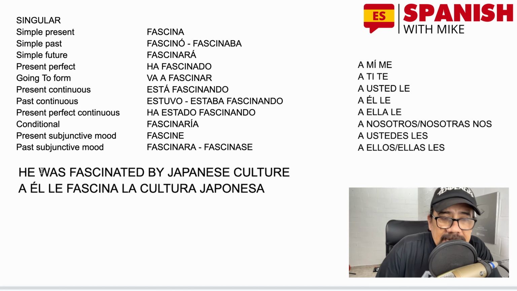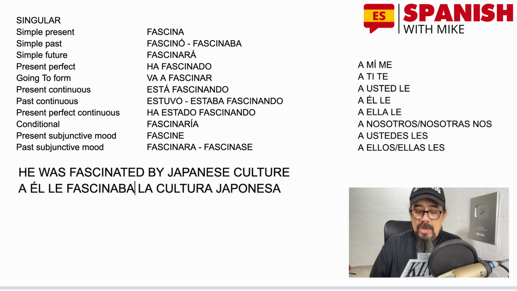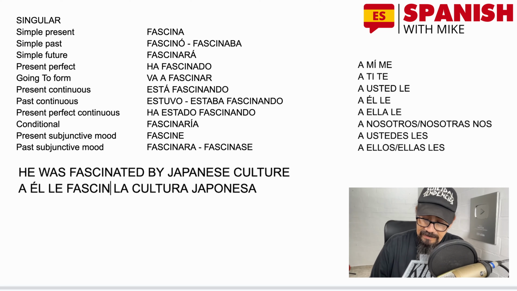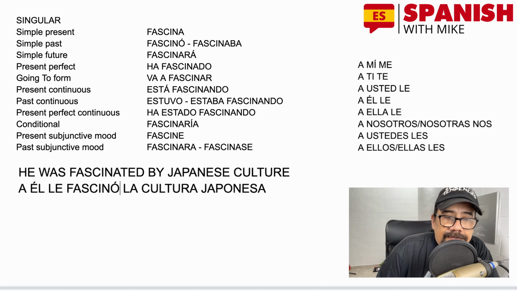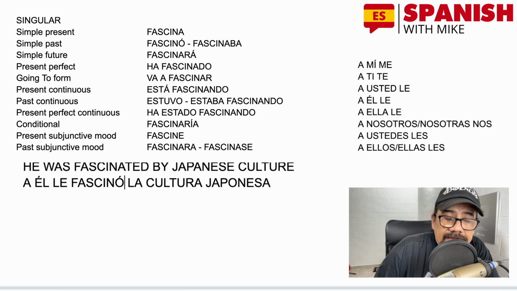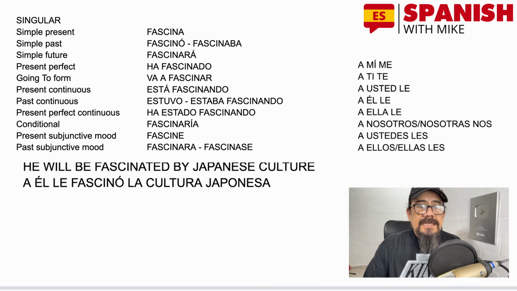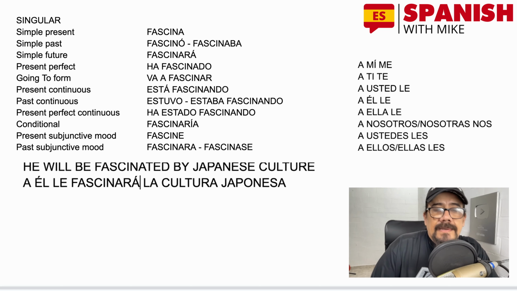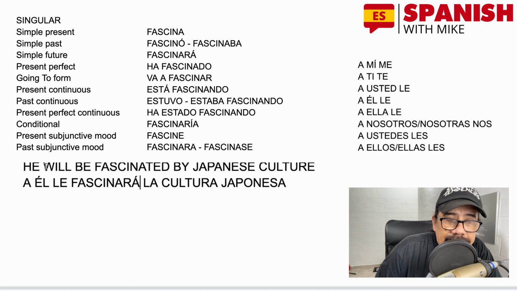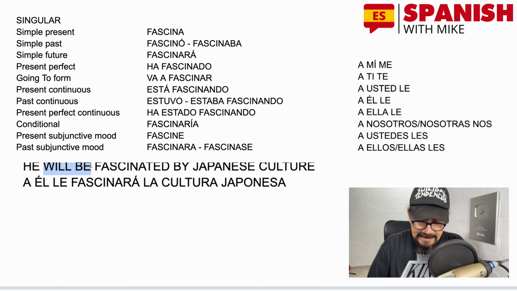He was fascinated by. A él le fascinaba, or a él le fascinó, depending on which simple past we're using in Spanish. Right? He will be fascinated. A él le fascinará la cultura japonesa. He has been.